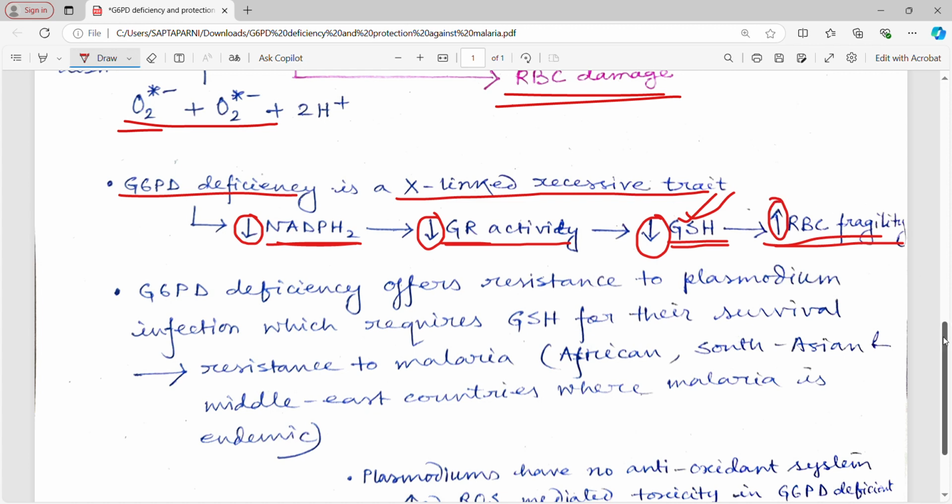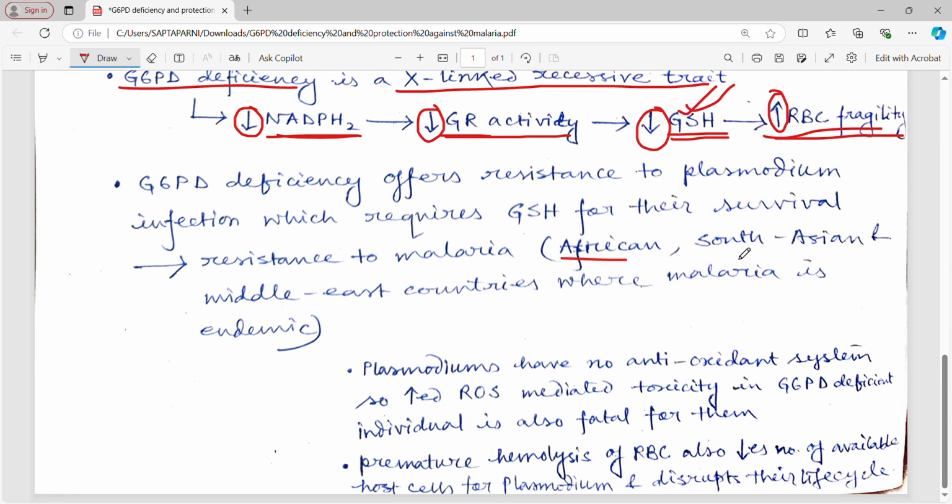But nature has played a very intricate role with those people who have G6PD deficiency and who live in the malaria prone areas of Africa, South Asian countries and Middle Eastern countries. Okay, we can see that G6PD deficiency has a very high frequency in these countries.